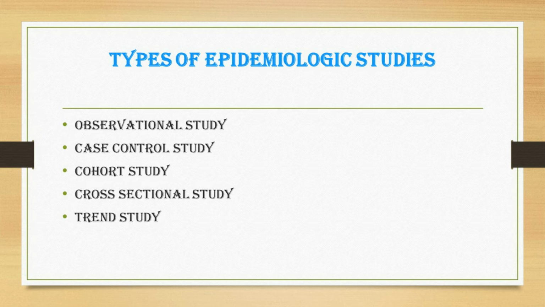A case control study is a type of study that compares patients who have a disease or outcome of interest with patients who do not have the disease or outcome, and looks back retrospectively to compare how frequently the exposure to a risk factor is present in each group to determine the relationship between the risk factor and the disease.